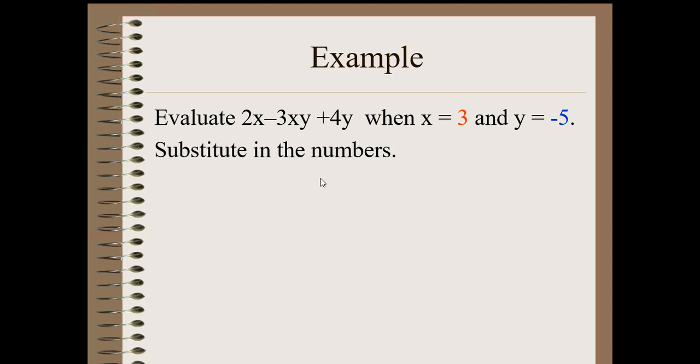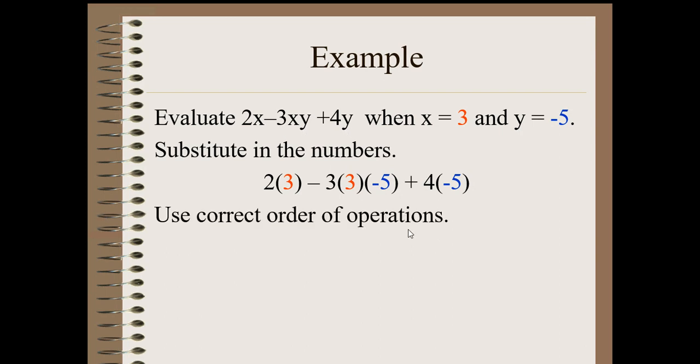I will start to replace. We replace x by 3 and y by minus 5. So here I have 2 times x, 2 times 3. Minus 3xy, it means 3 times minus 5, plus 4 times minus 5. It's very important to use the correct order of operations. 2 times 3 is 6.